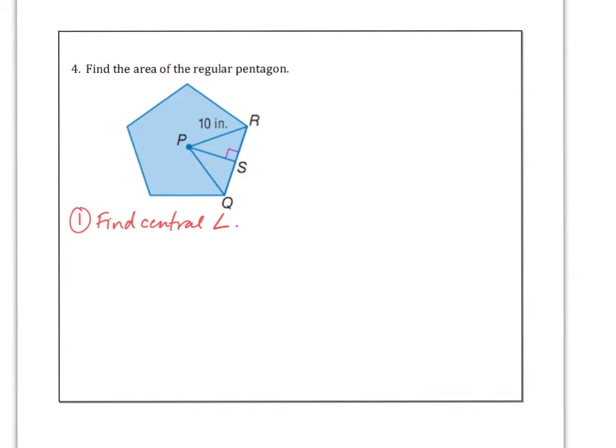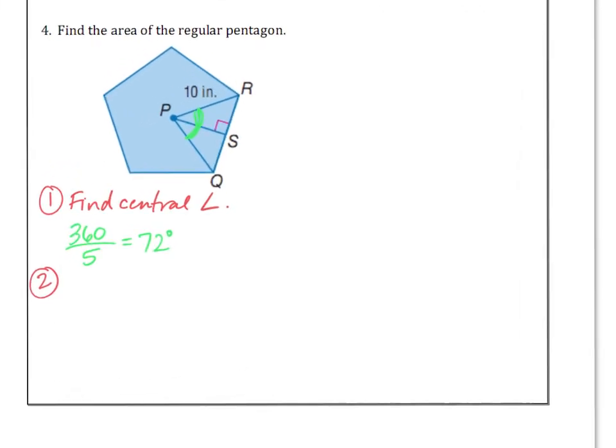In this case, it's a pentagon. So take your 360 degrees and divide by 5 to figure out how big this angle is right here. I believe that is 72 degrees. Step number 2 is you're going to cut the central angle in half.